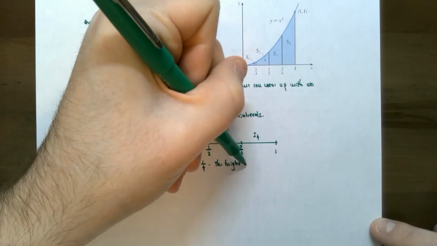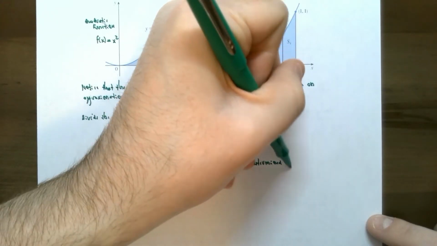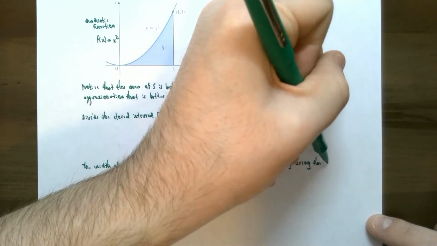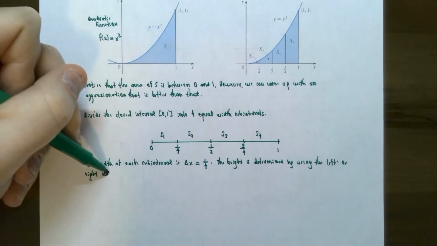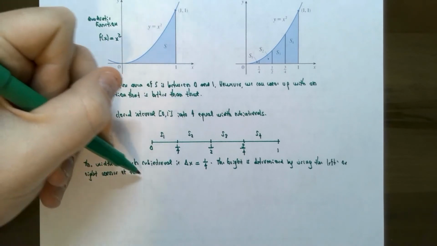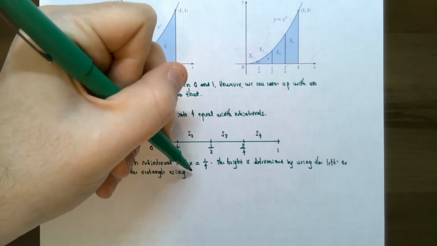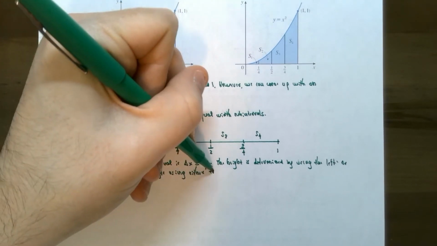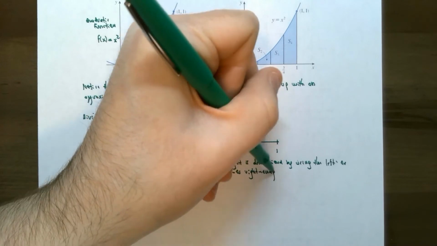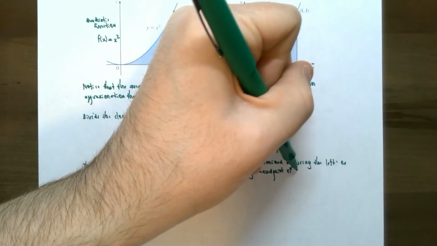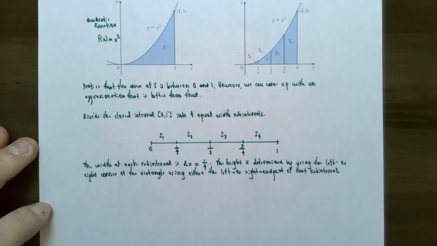The height is determined by using the left or right corner of the rectangle, using either the left or right endpoint of that subinterval. A lot to say just to mean this.